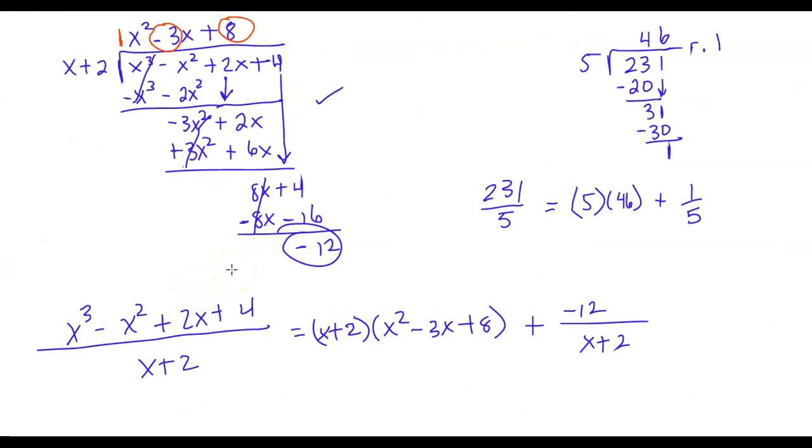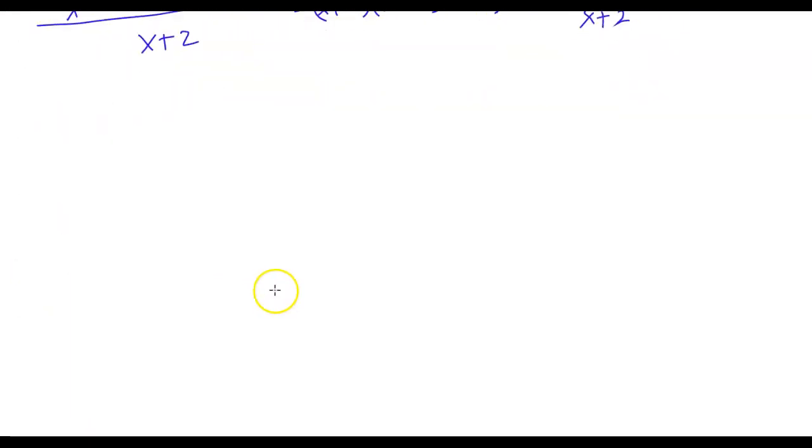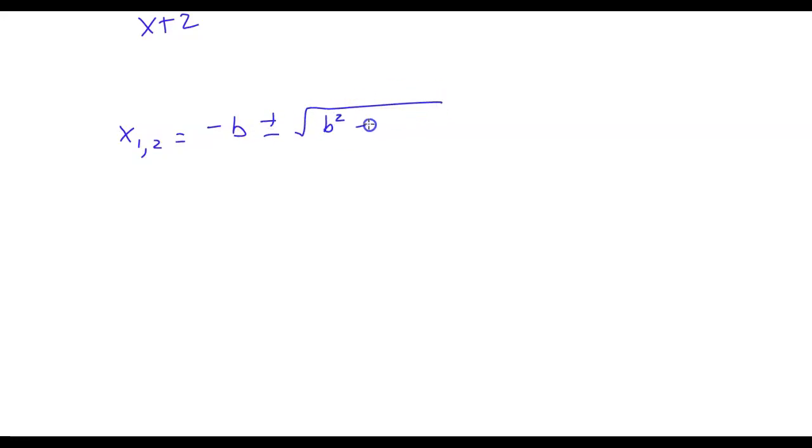So let's move forward, give ourselves some room here. If you remember the quadratic formula is this. And of course, that goes along with a quadratic equation of this form. Okay.